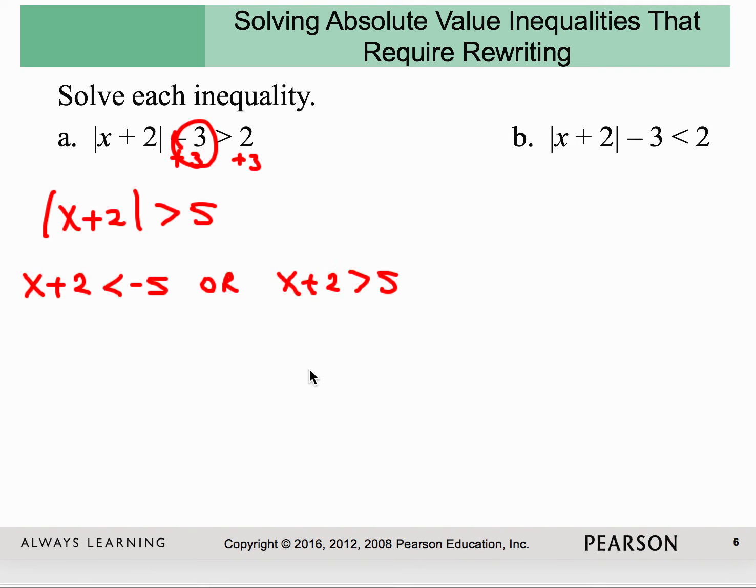Now, okay, that allows me to get rid of the bars. Now I got to solve for x. So x is less than negative 7, or x is greater than 3.